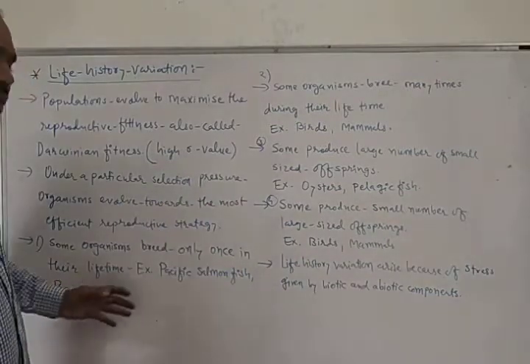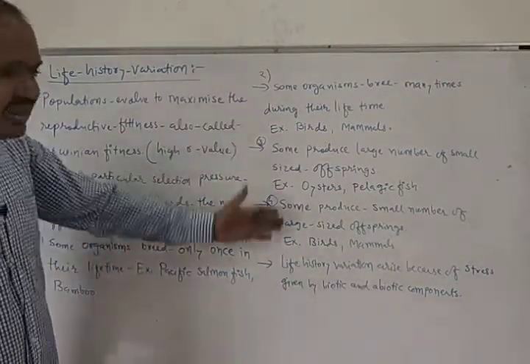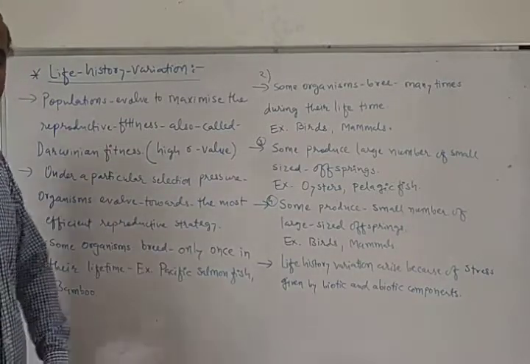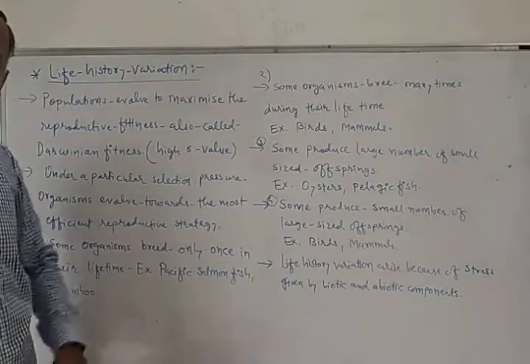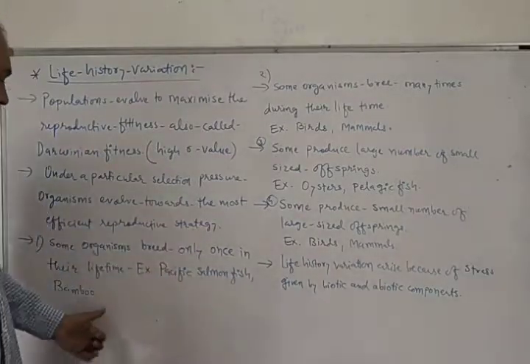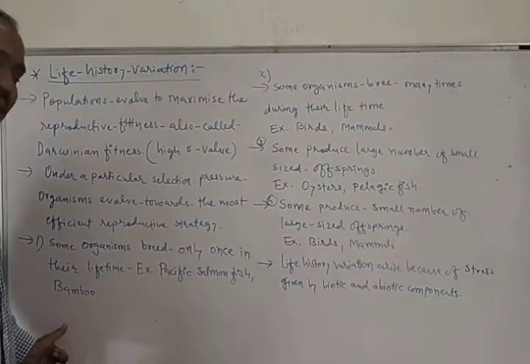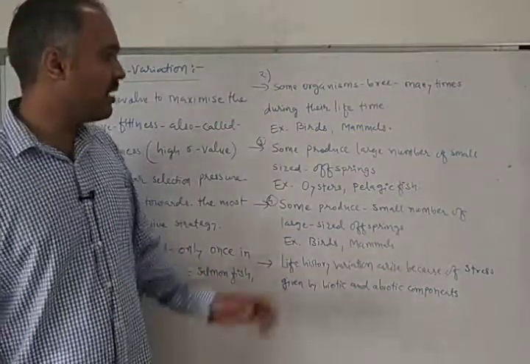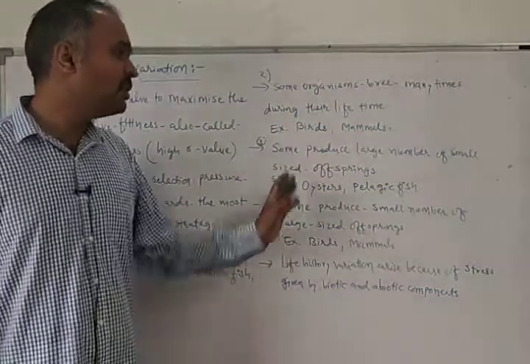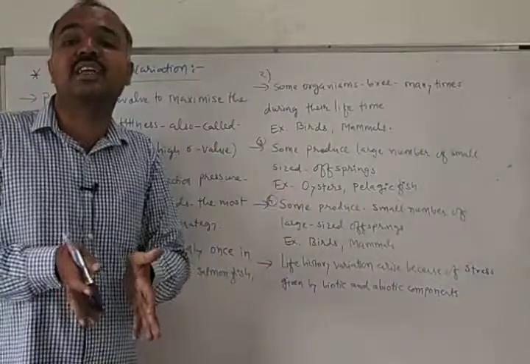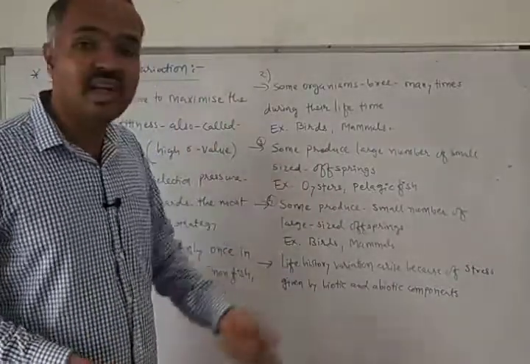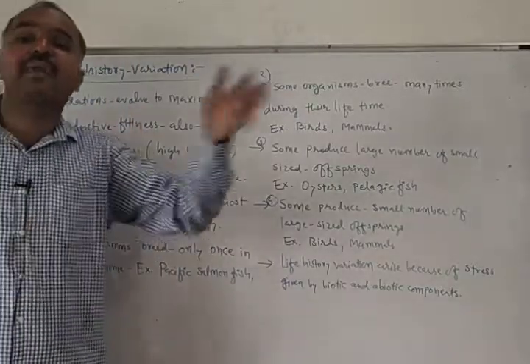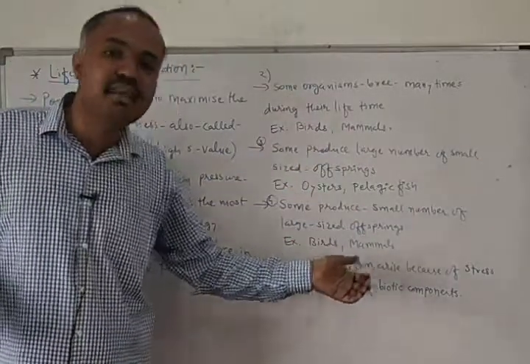Four different strategies are explained. Some organisms breed only once in their lifetime, produce a large number of offspring and then die, for example Pacific salmon fish and bamboo plants. Some breed many times during their lifetime, for example birds and mammals. Some produce a large number of small sized offspring like oysters and pelagic fish, and some produce a small number of large sized offspring like birds and mammals.